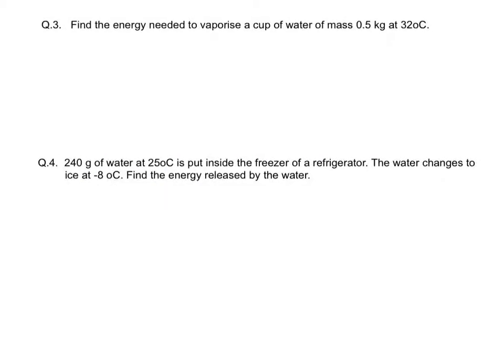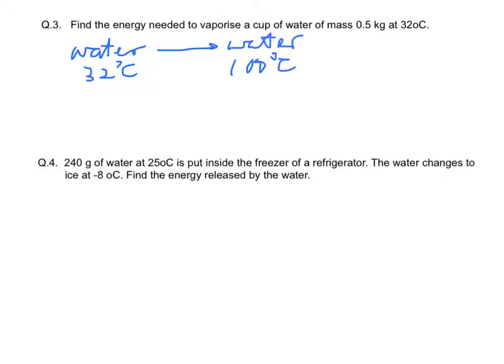Question number 3. Find the energy needed to vaporize a cup of water of mass 0.5 kg at 32 degrees Celsius. This question involves 2 stages. For stage 1, energy is needed to change water from 32 degrees Celsius to water at 100 degrees Celsius. The energy involved is E1.